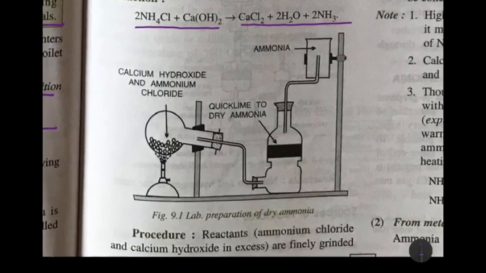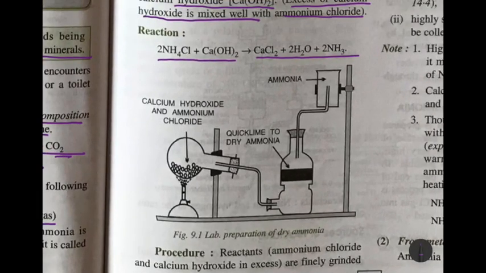So this is the apparatus. You can see that the reactants ammonium chloride and calcium hydroxide in excess are finely ground into a powder and put in a round bottom flask here, and you can see the round bottom flask is in a slanting position.